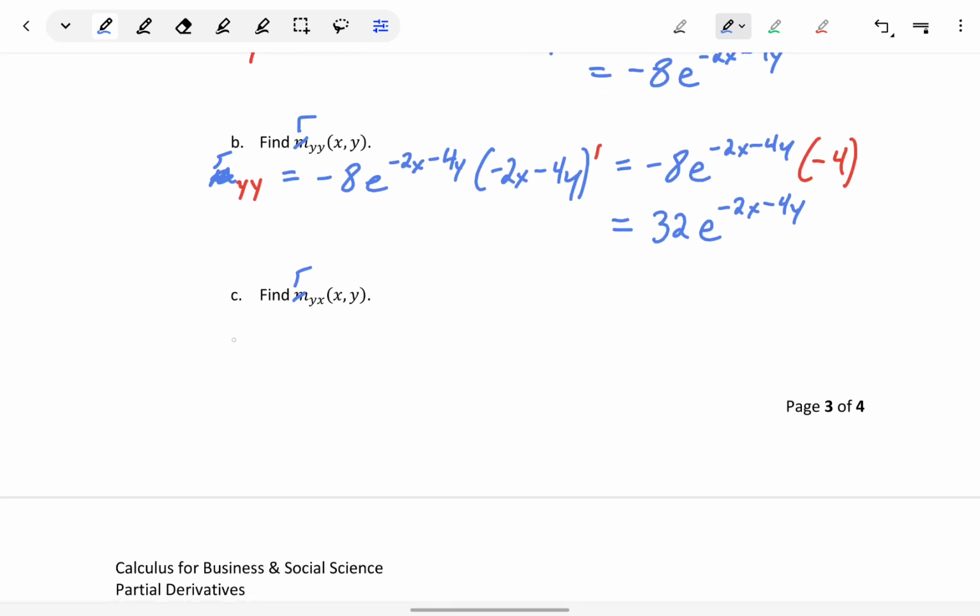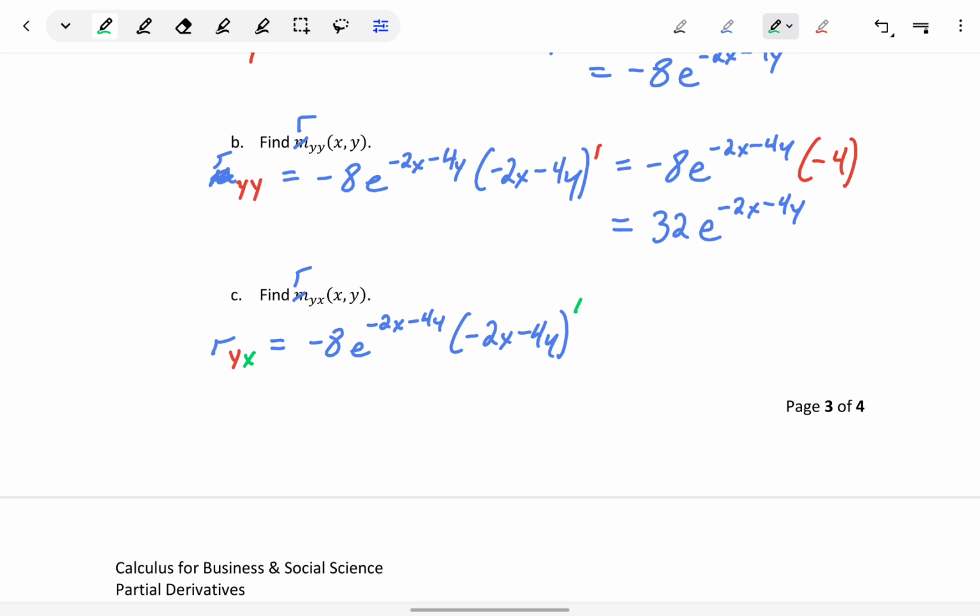We'll end up with a different result in part C, where now we're taking r sub yx, meaning we're starting with that result from part A, r sub y, and now differentiating with respect to x. So we'll start off with negative 8 e to the negative 2x minus 4y times the derivative of that interior function.